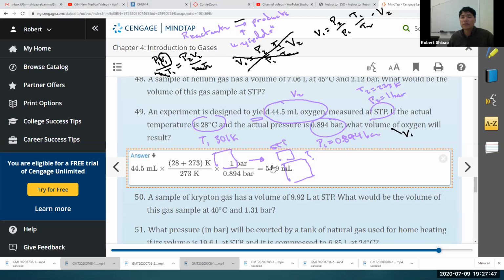And so we have it set up correctly. We just need to plug in the numbers and do it. And so you should plug in the numbers and do it. But after you do a bunch of these, then you can kind of streamline things as well. All right, is that enough for the STPs and the combined gas law? Okay, let's move on to next chapter.